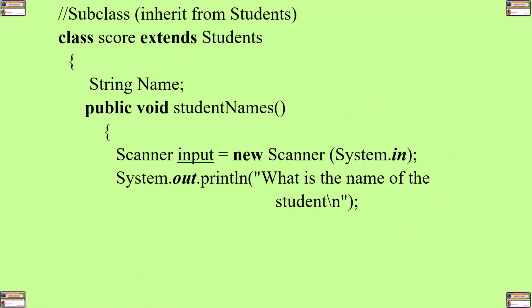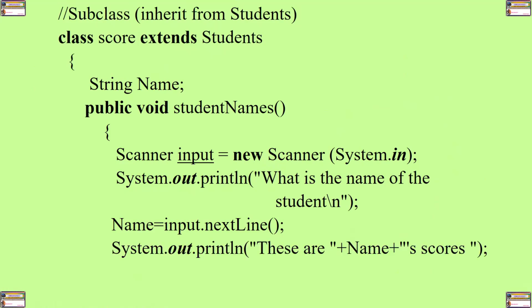Next, it displays the statement, what is the name of the student, on the screen? And then the name is read and assigned to the memory location called name. Next it displays the text, these are so and so's scores. So if, for example, the name entered is Julius Meme, then this statement will read as these are Julius Meme's scores. And that's what that class will do.